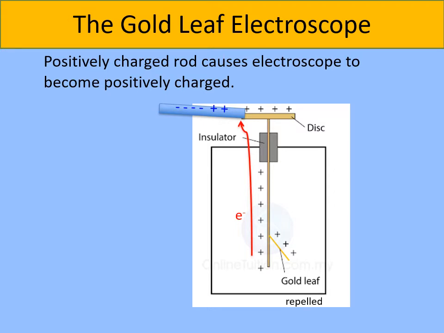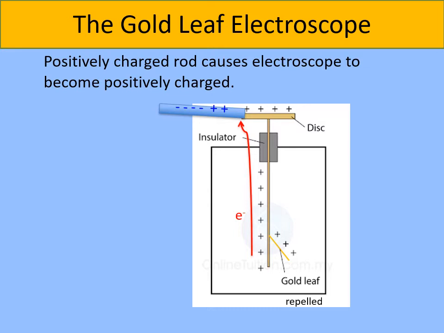This causes a deficiency of electrons in the gold leaf, leaving it positively charged by and large, and those positive charges accumulated in the gold leaf cause the like charges of the gold leaf to repel away from the like charges of the copper conductor stem.